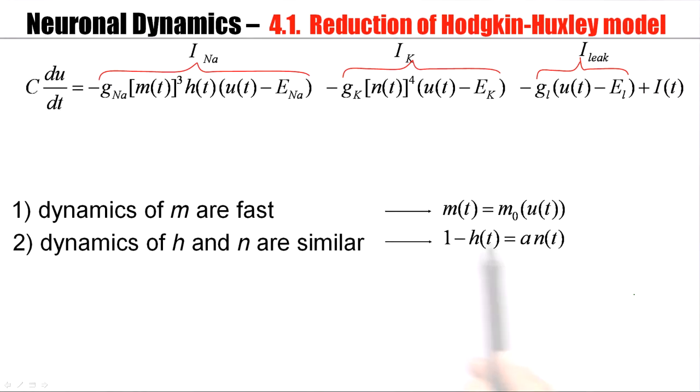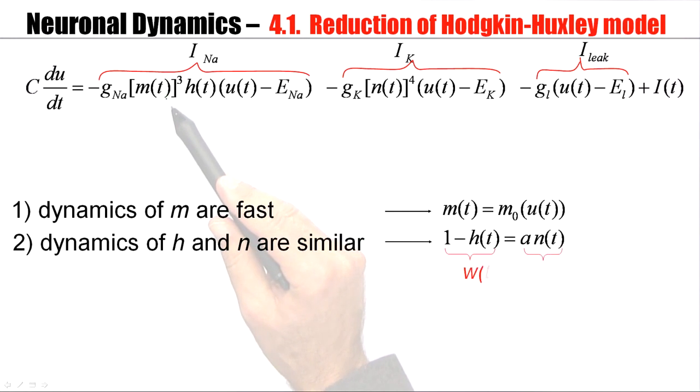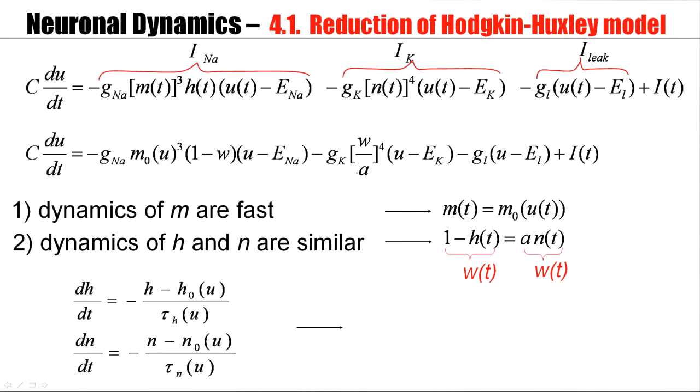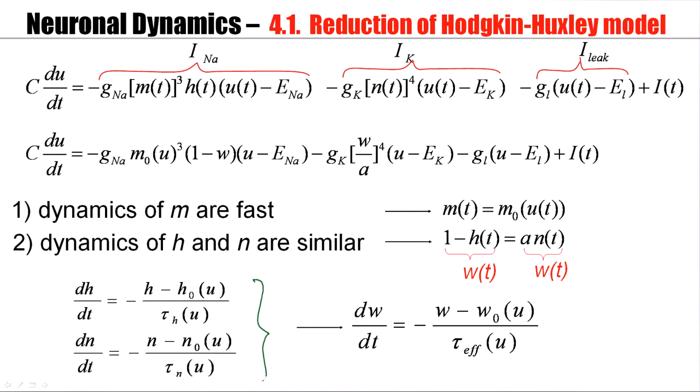In the Hodgkin-Huxley equation, we have inserted the momentary value M0 of U. We have replaced H by 1 minus W. We have replaced N by W over A. And we have found an additional equation for this new variable W. W likes to go towards W0 with some time constant tau effective.